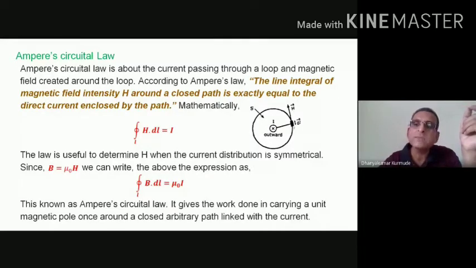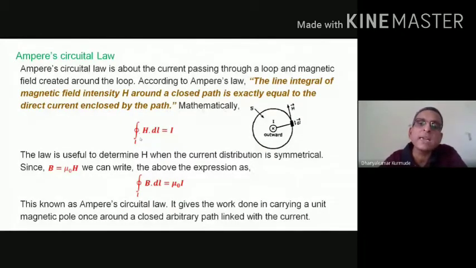So magnetic field and current are related with each other according to Ampere's circuital law, which says that the line integral of magnetic field intensity H around a closed path is exactly equal to the direct current enclosed by the path.